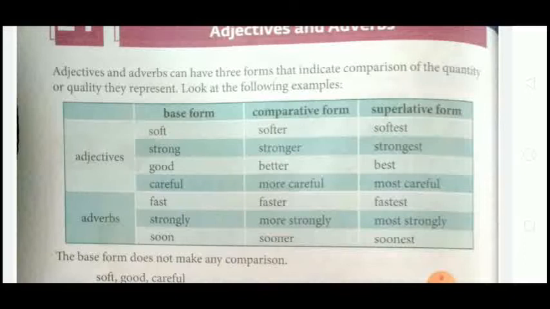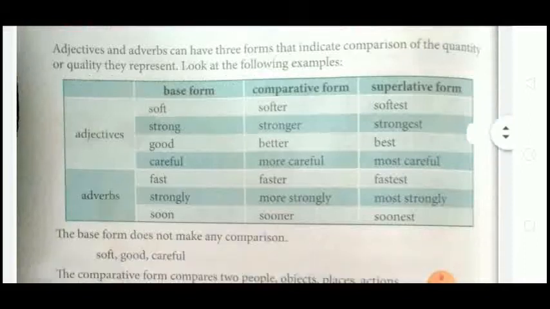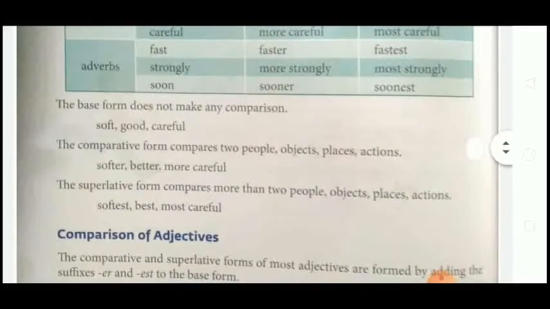So these were some of the base forms, comparative forms and superlative forms of adjectives and adverbs. See, the base form does not make any comparison. Soft, good, careful, fast, strongly, these were all base forms, positive forms, meaning there is no comparison at all; they are as they are. Then the comparative form compares two people, objects, places or actions.